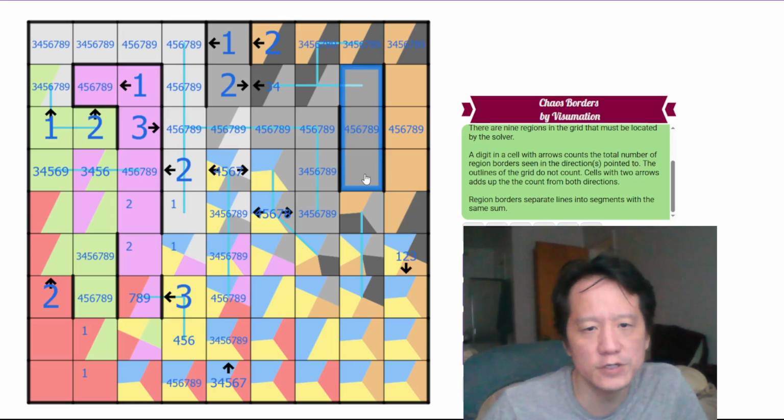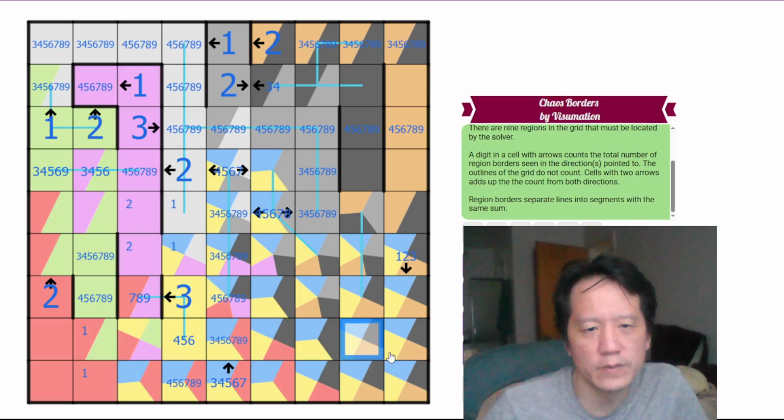This is 3. It could extend 4, 5, 6, 7, 8, 9. So these could all be dark, technically. Orange can go to 1, 2, 3, 4, 5, 6, 7.